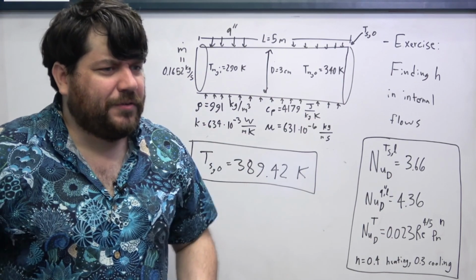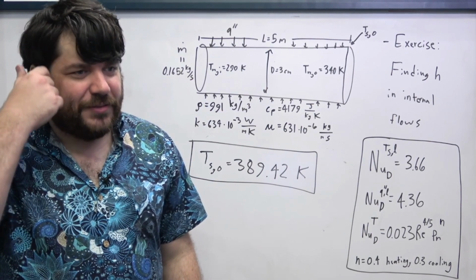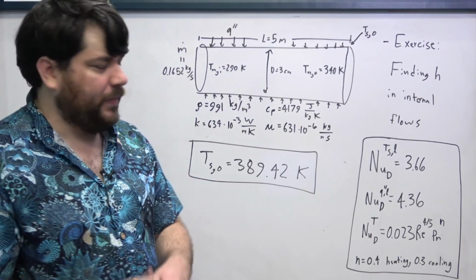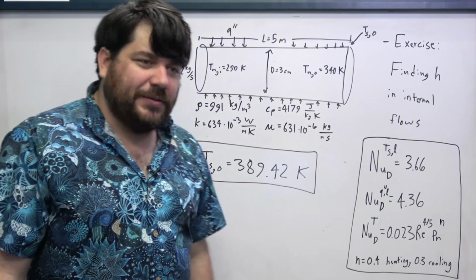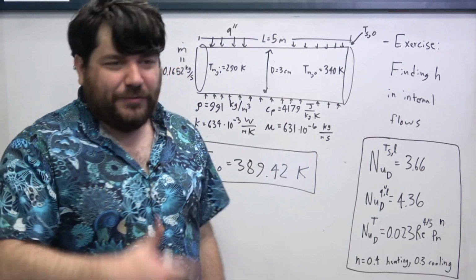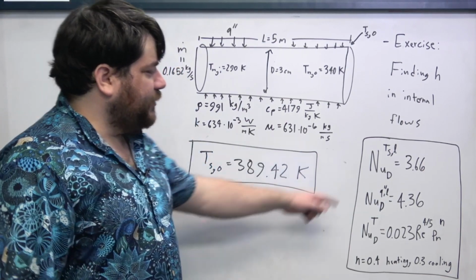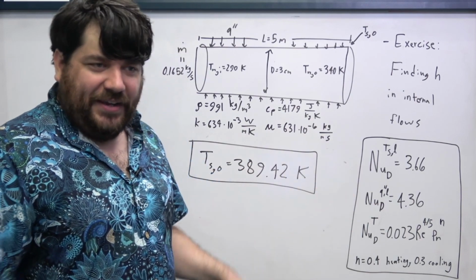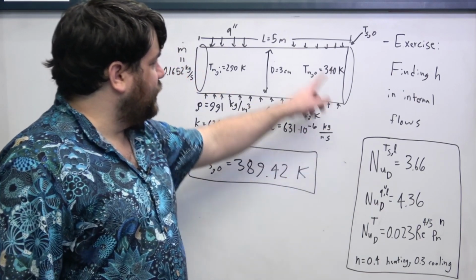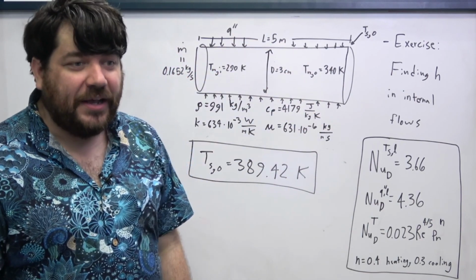And so what are the different variations of things that could have happened in this particular setup? Well, we could have had laminar flow. In that case, we would have had to decide between these two, and we would have used this one because, of course, we have a constant heat flux that's applied.